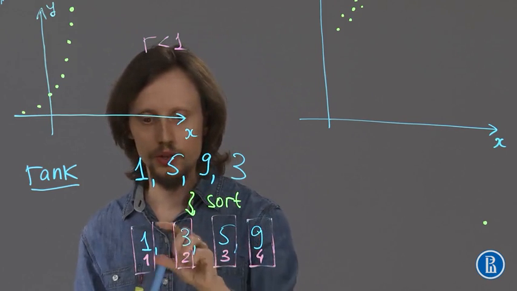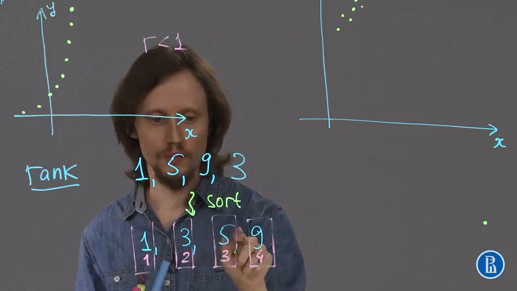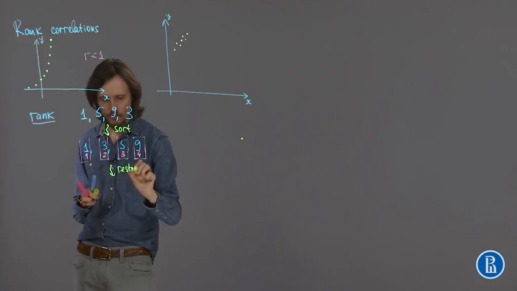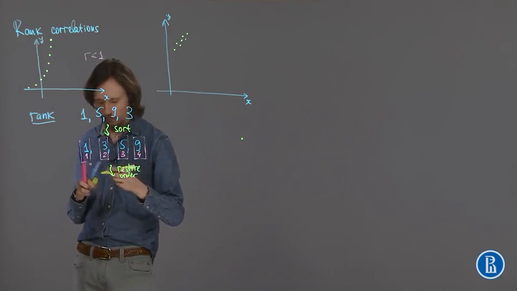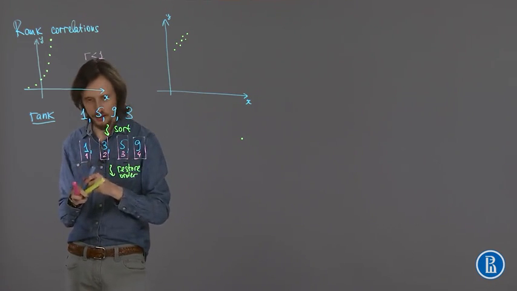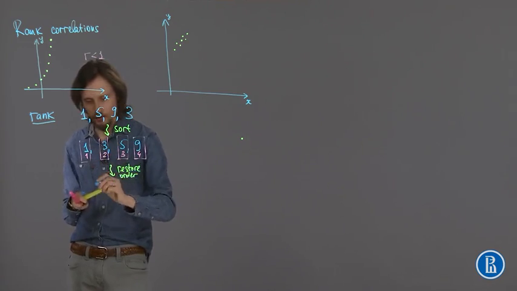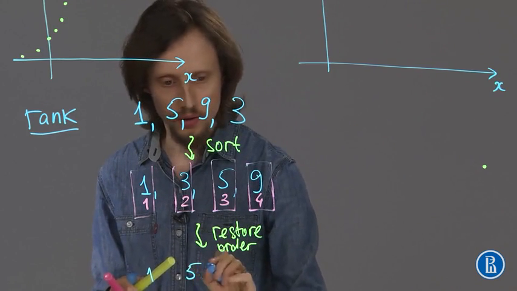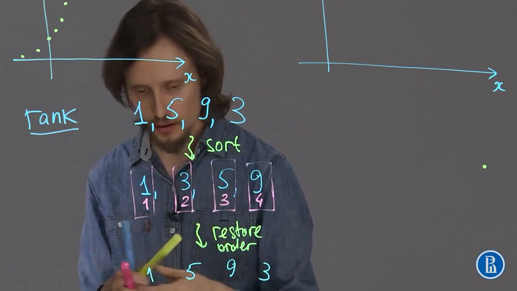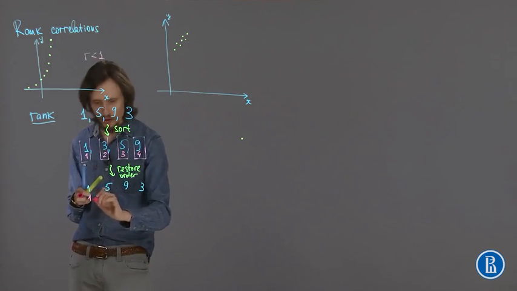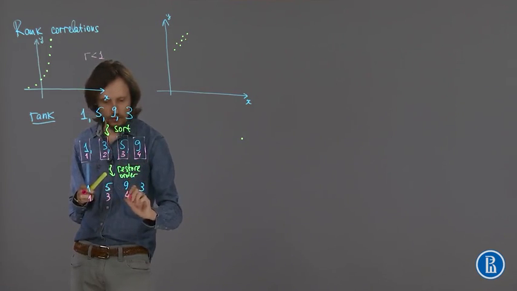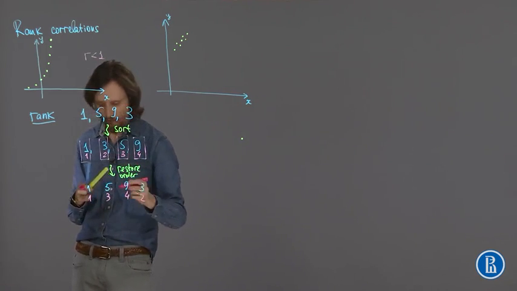Then I will restore the order of these blue numbers. In this case, I have 1, 5, 9, 3, and these numbers are attached. Here is 1, here is 3, this 3, here is 4, and here is 2.